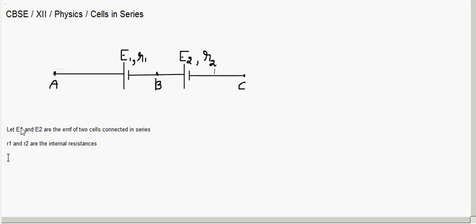Let VA be the potential at point A, VB and VC are the potentials at terminals or at points A, B, C respectively.